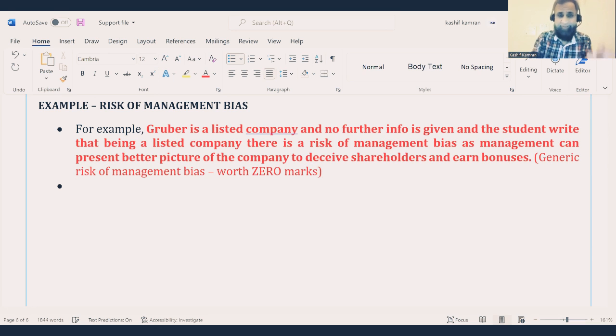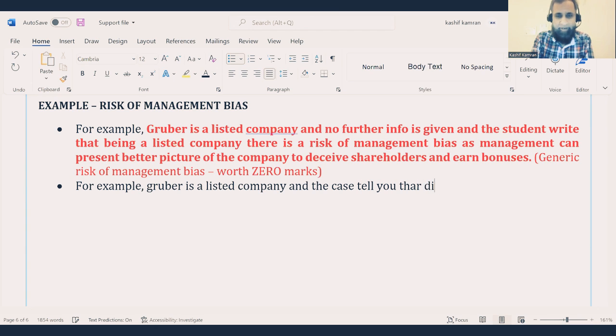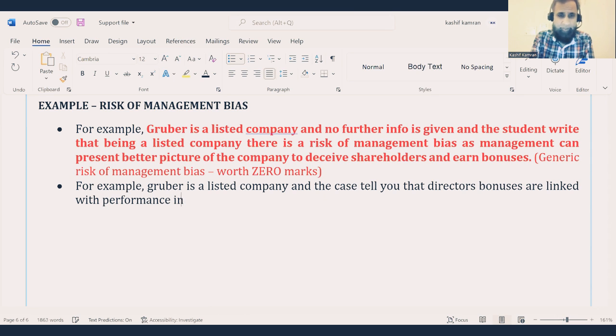But look at situation number 2. For example, Grubber is a listed company and the case tells you that directors' bonuses are linked with performance, including growth in profit and revenue.